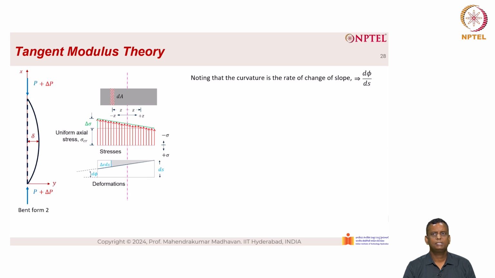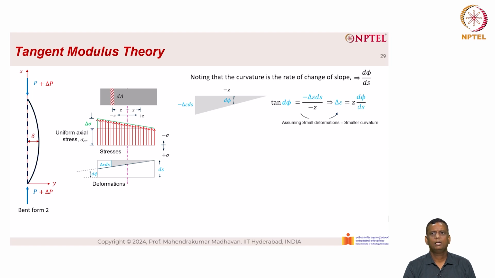Noting that the curvature is the rate of change of slope, we have dphi by ds. This can be pictorially represented by the following figures. So tan dphi is equal to minus delta epsilon ds divided by minus z. Assuming small deformations, we have delta epsilon equal to z into dphi by ds.